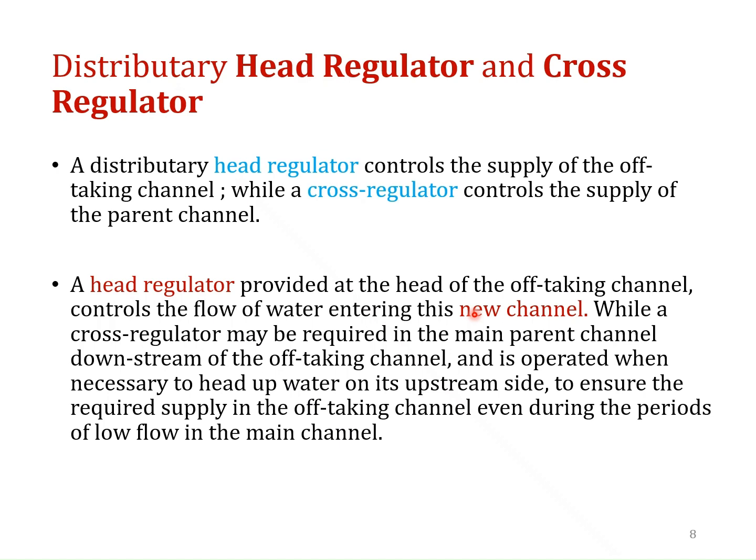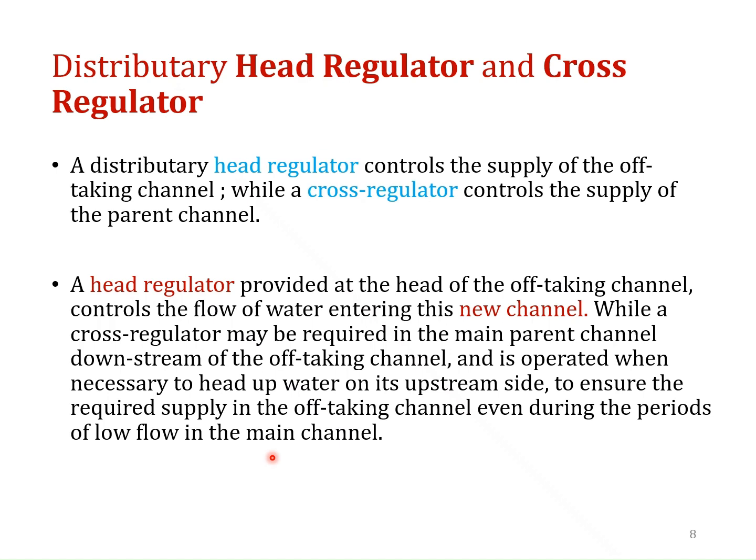If you want to control the supply of water in the new channel, just control it from the gates of the head regulator. While the cross regulator may be required in the main parent channel downstream of the off-taking channel, and it is operated when necessary to head up, this is the important word here, head up water on the upstream side to ensure the required supply in the off-taking channel even during periods of low flow in the main channel.